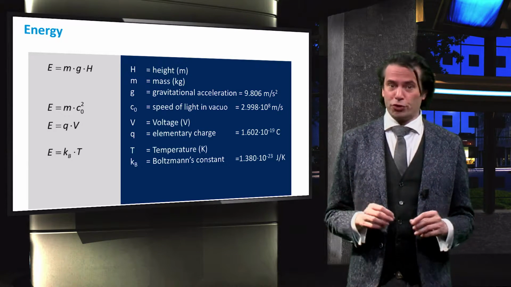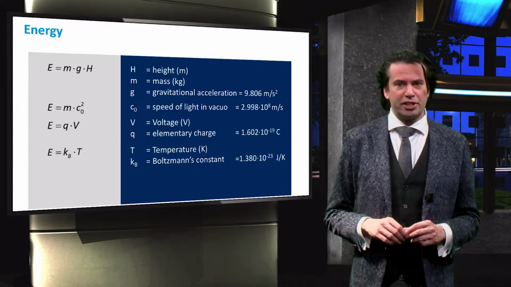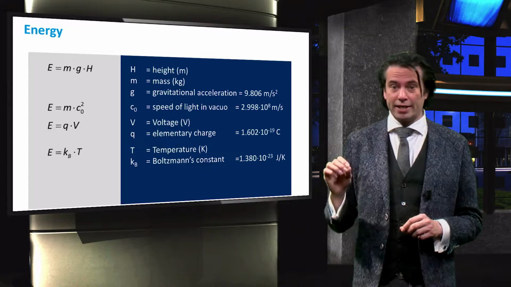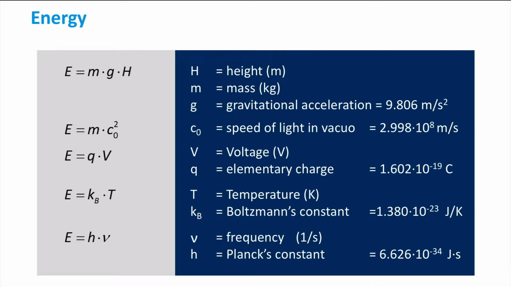The amount of thermal energy present in a temperature is defined using Boltzmann's constant, denoted by kB. Finally, the discrete particles of energy contained in an electromagnetic radiation, like light, are a function of only its frequency, denoted by nu. Energy and frequency are related through Planck's constant, denoted by h.